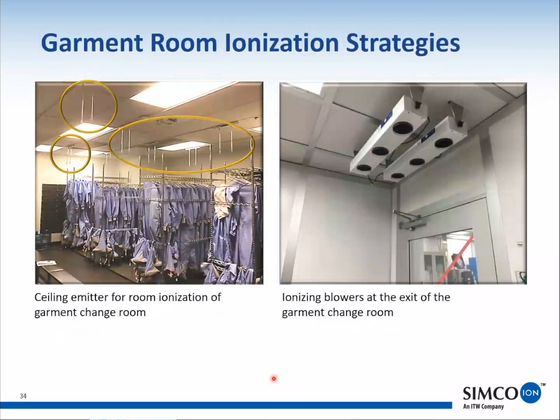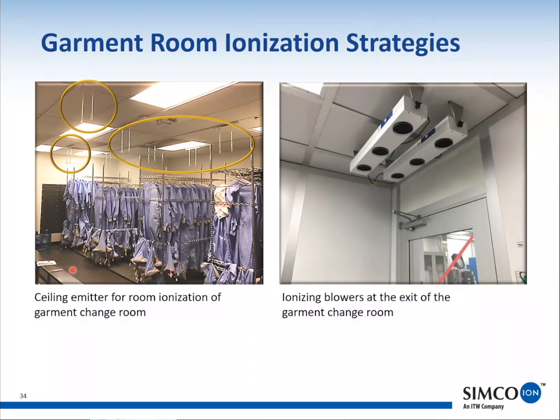One of the other operations I mentioned is garment change rooms. We'll ionize the garment change room. While these garments are hanging underneath the ionizer, they're, to some effect, being cleaned. You've got clean air coming down, you've got ionization discharging the particles, and then they can just fall to the floor.